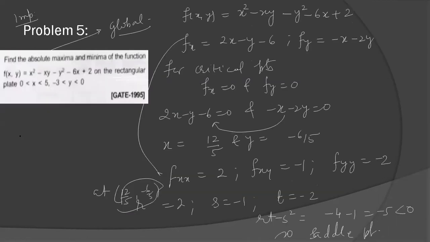So for the rectangular plane, you have to draw a bounded region here. Now if you draw the bounded region, you can see that the value of x is between 0 to 5 and y is from minus 3 to 0. So this is your rectangular plate here.